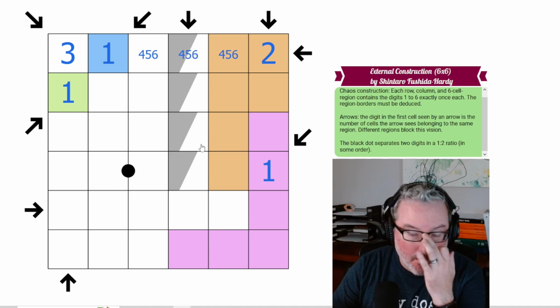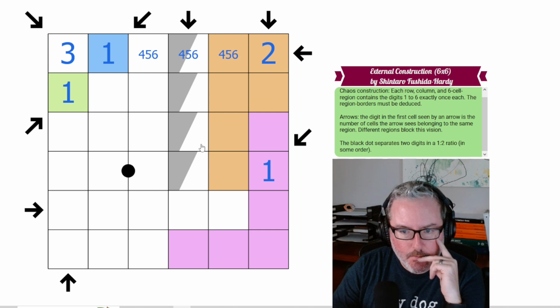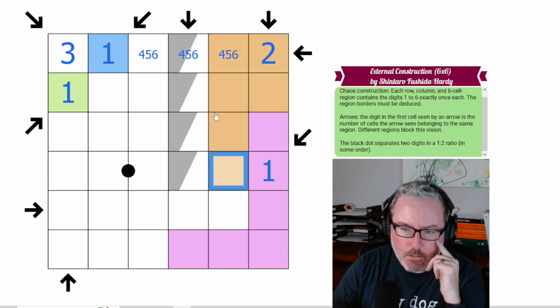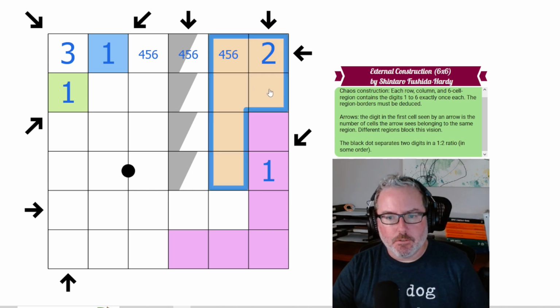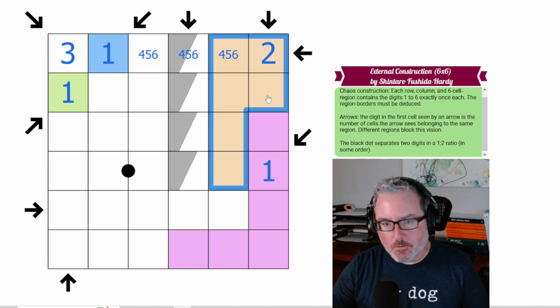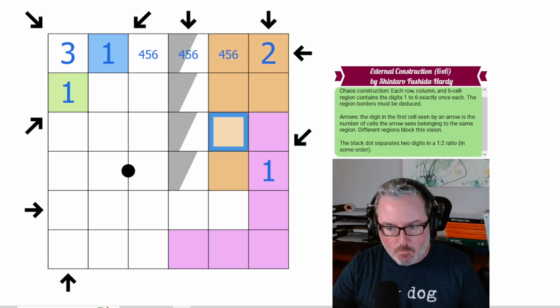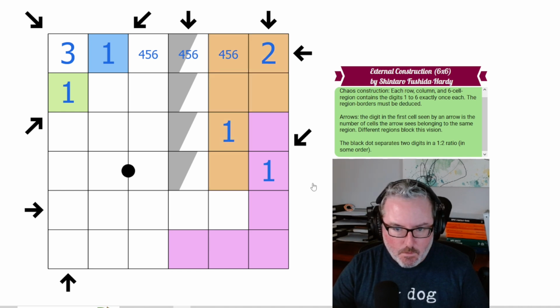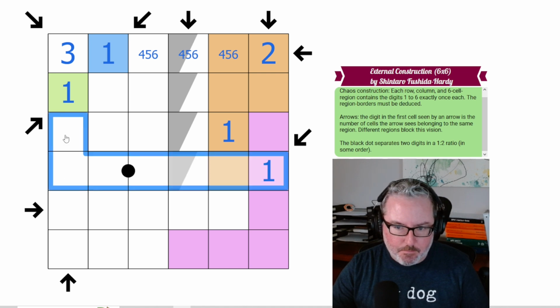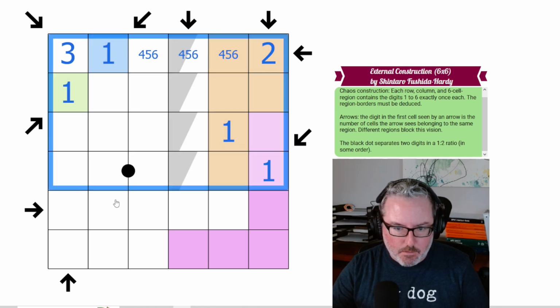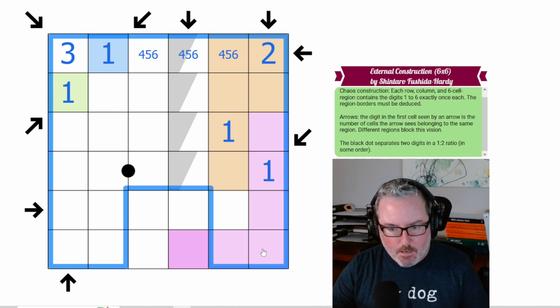What further can we do? Well, what about this region? Where does a 1 go in this region? We have to have all the digits 1, 2, 3, 4, 5, and 6 in every region. We can't put a 1 in any of these places, so this has to be 1. And that actually takes up a good chunk of this puzzle already in terms of rows and columns.